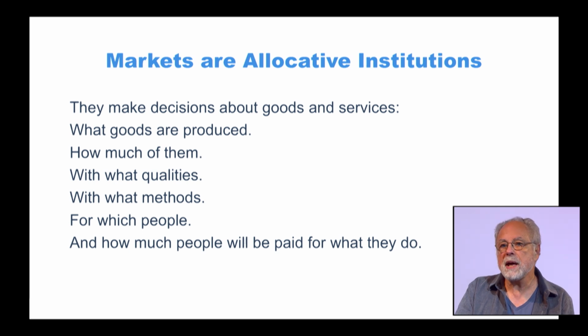What about the methods that are used to produce them? Which people will acquire the goods that are produced? Will they go to these people or those people? And very importantly, how much will people be paid for producing those goods and supplying them to the market?